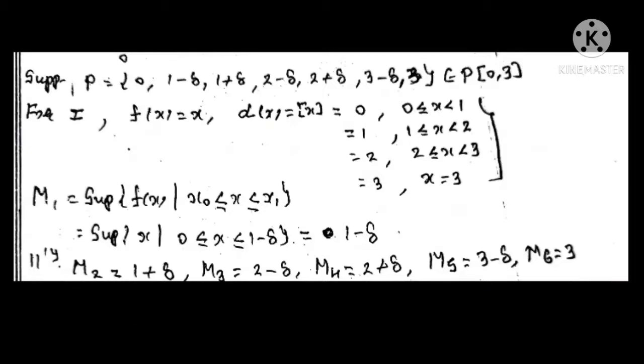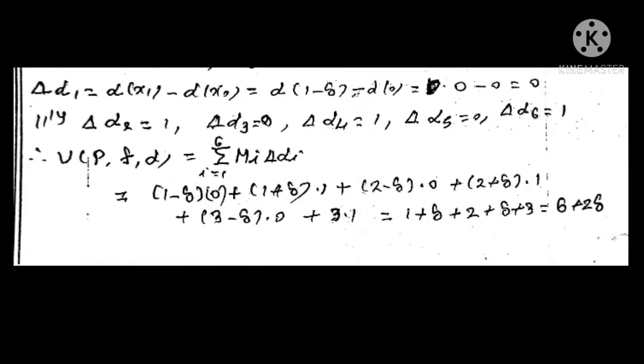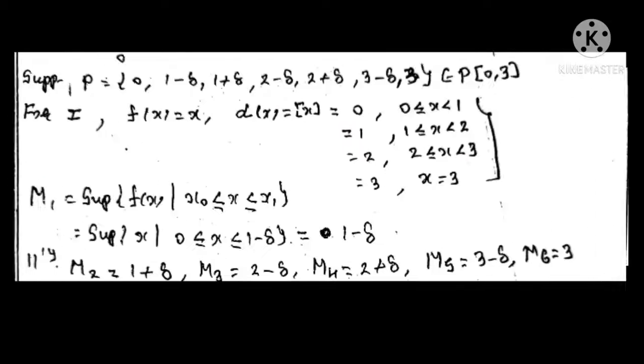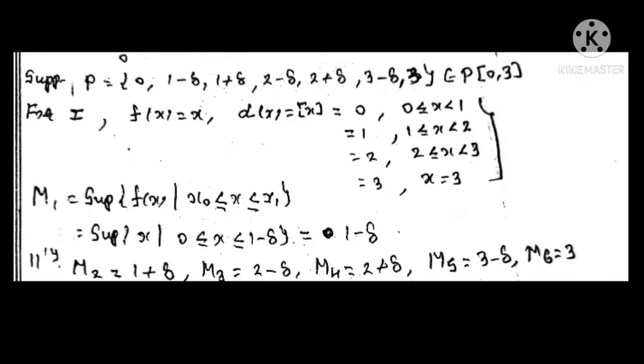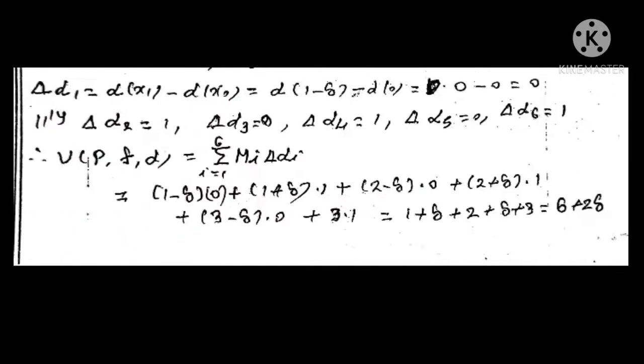Now delta alpha 1 is equal to alpha x1 minus alpha x0, which is alpha of 1 minus delta minus alpha 0, which is equal to 0 minus 0, which is equal to 0.